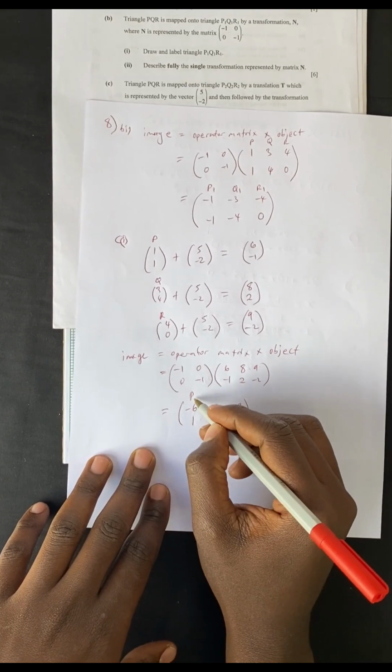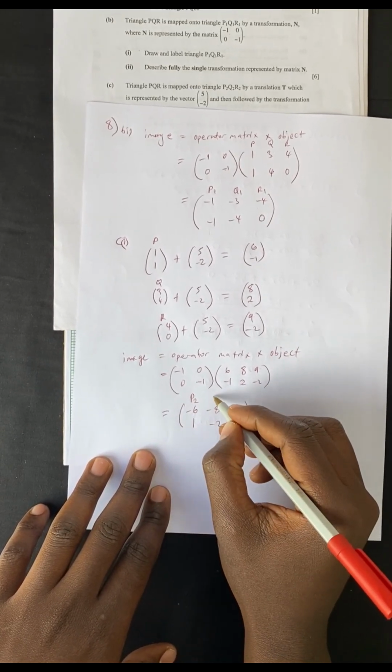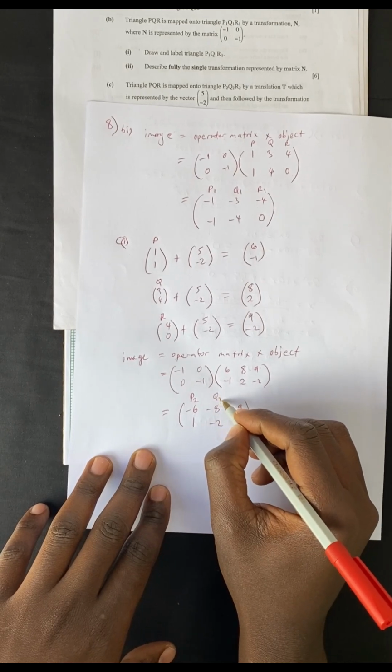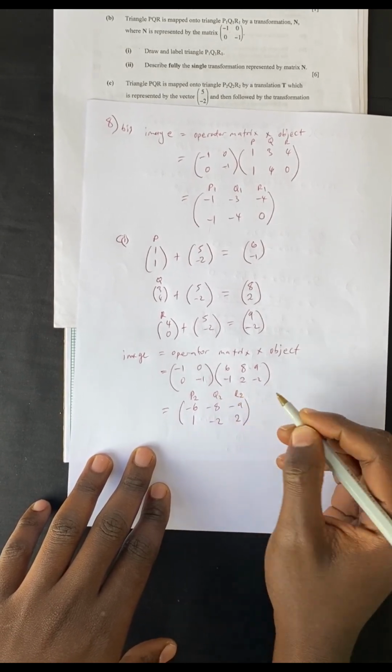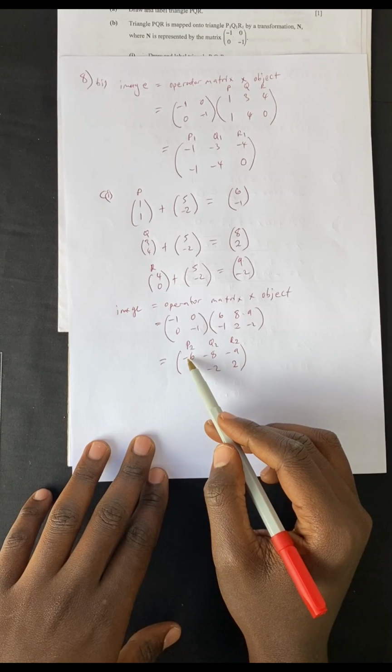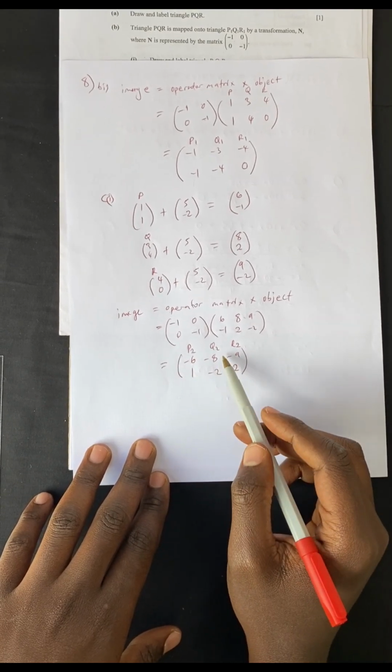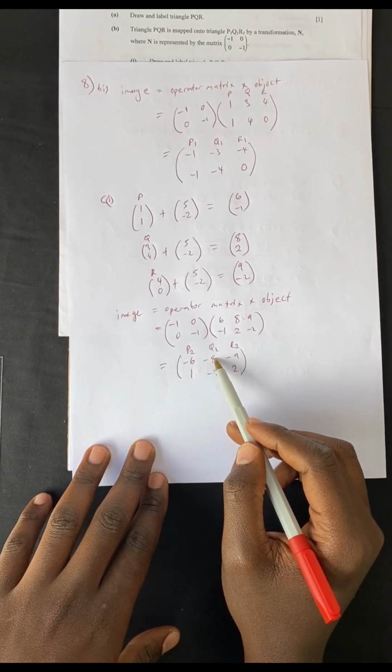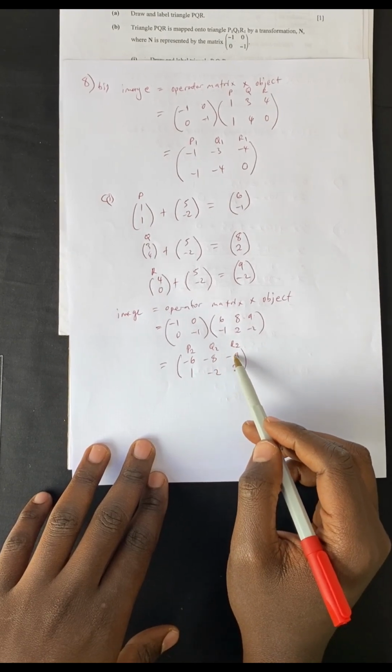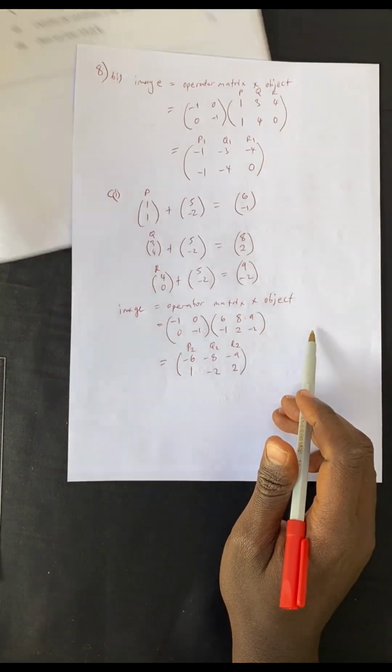So this is now P2, Q2, and R2. So these are the coordinates. It's minus 6, 1 for P2, and minus 8, 2 for Q2, minus 9, 2 for R2.